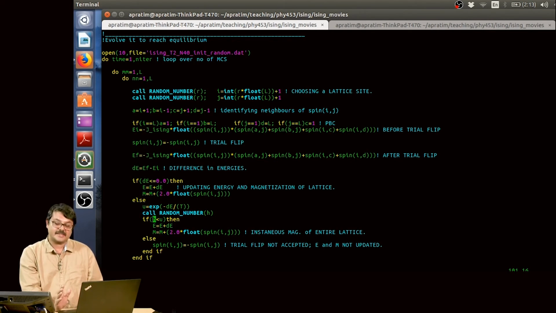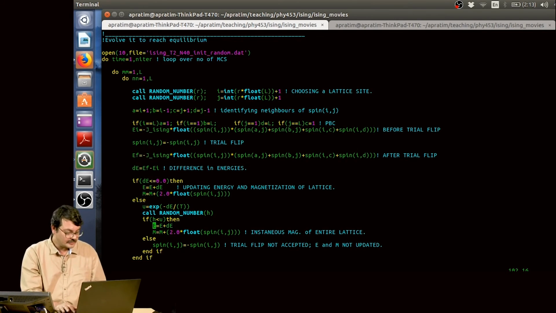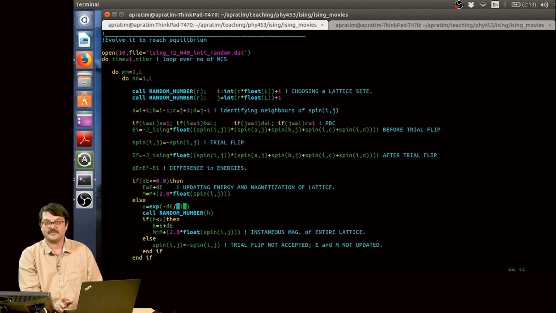So, how do we accept a spin flip with probability e to the power minus delta E by kBT? If you remember Prashanjit's lecture about cumulative distribution and about random numbers and so on and so forth, I am using that idea. So, here I calculate u, being a dummy variable, as exponential of minus delta E by kBT, kB has been set to 1.